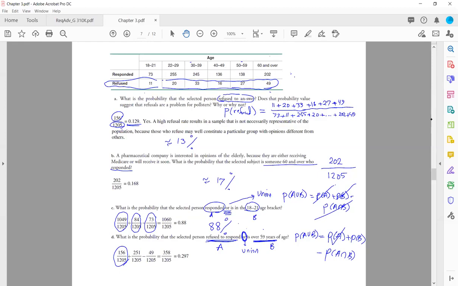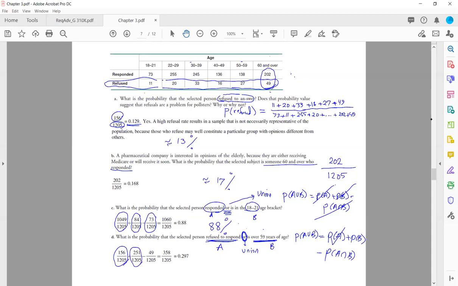P of B, they are over 59 years old. How many? 202 plus 49. 251 out of 1205 are over 59 years old. It doesn't matter if they refuse to respond or responded. You need the total.